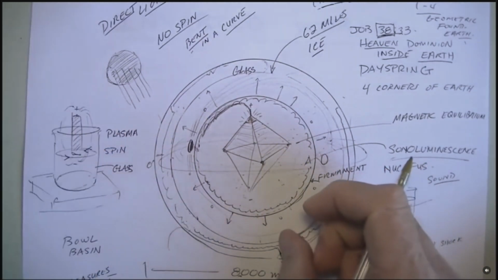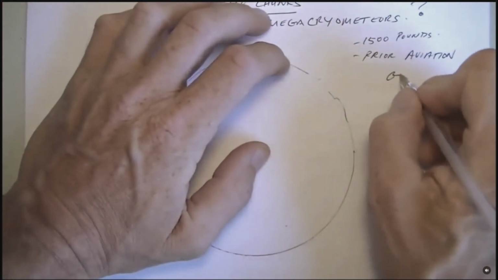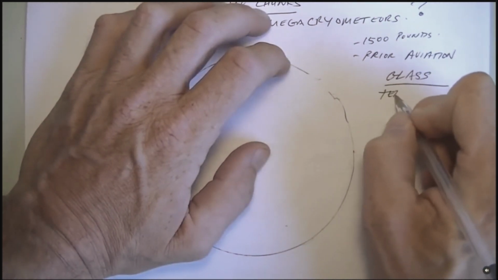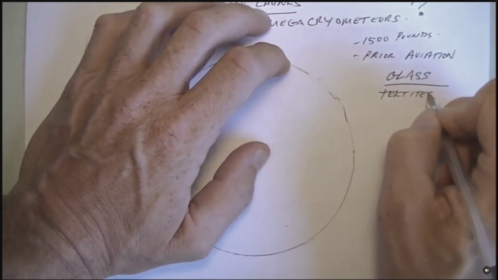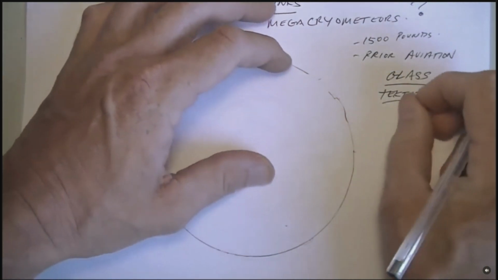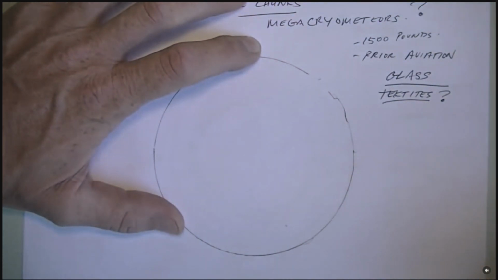Everything is small. There's plenty of physical evidence for the fact that there is glass in the sky. Okay? There's tektites. Scientists consider tektites a mystery. They don't know where tektites came from, whether it came from extraterrestrial origins or terrestrial origins.